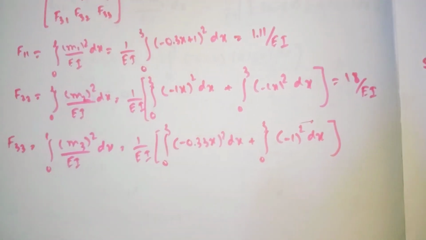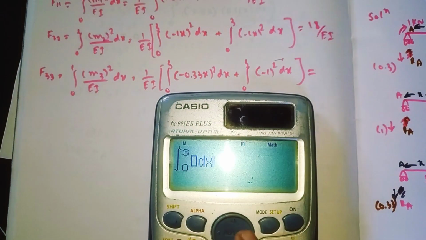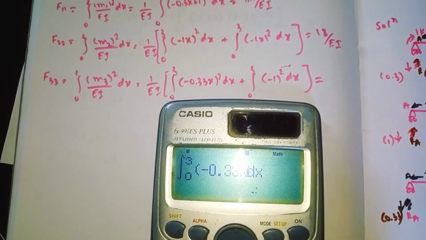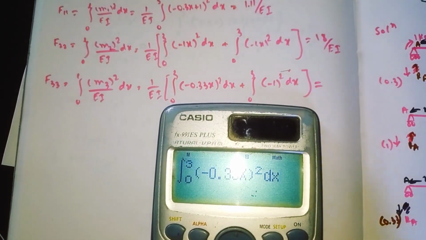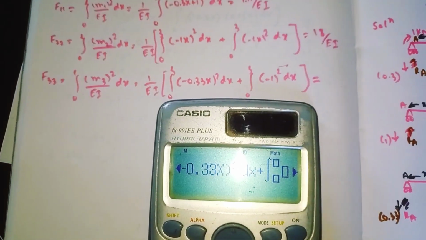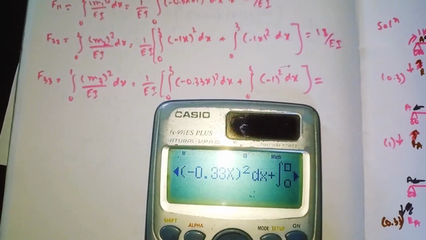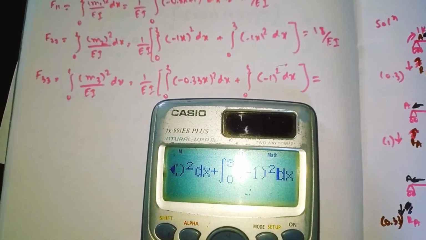So now integrate it separately for these two. Integration of 0 to 3 minus 0.33x whole square, plus integration of 0 to 3 minus 1 whole square. So solve it.